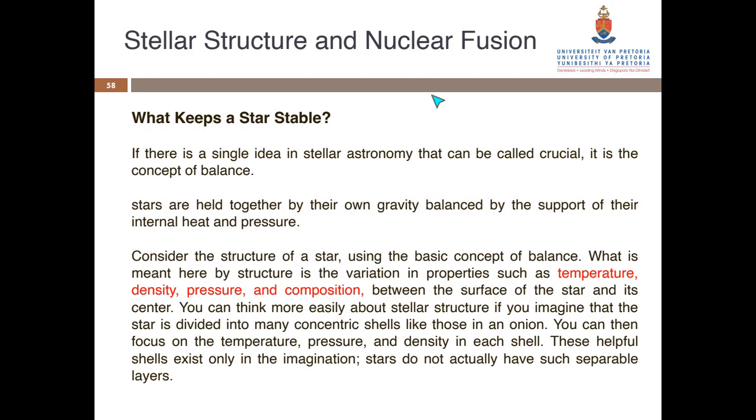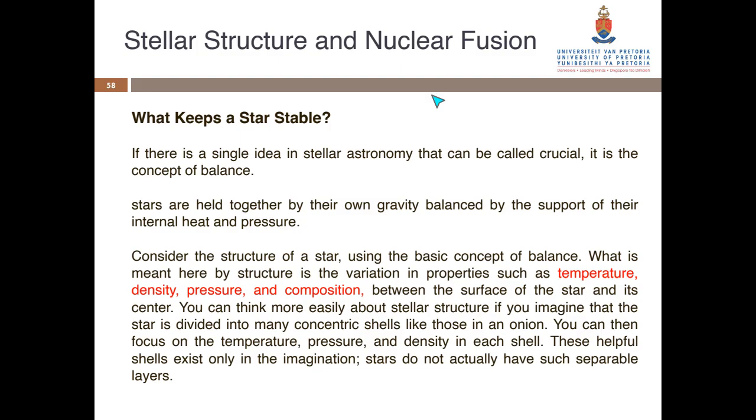So the next question we need to answer is, what keeps a star stable? If there is a single idea in stellar astronomy that can be called crucial, it is the concept of balance. Stars are held together by their own gravity, balanced by the support of their internal heat and pressure.